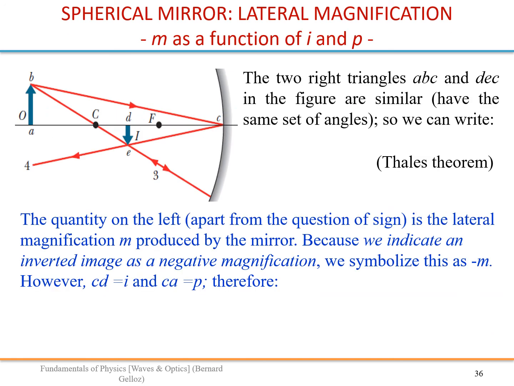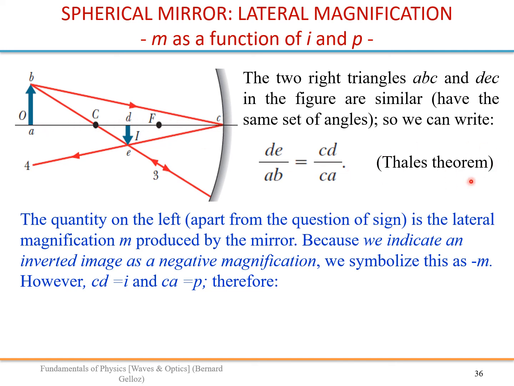Let's establish a formula for M as a function of I and P. So let's look at this situation, and let's look at the two right triangles, ABC and DEC. They are similar in the sense that they have the same set of angles. So it's possible to write this: DE divided by AB equals CD divided by CA.